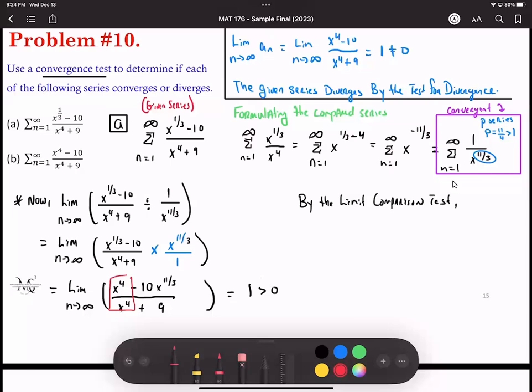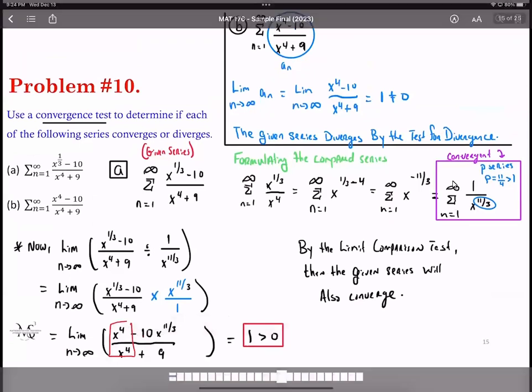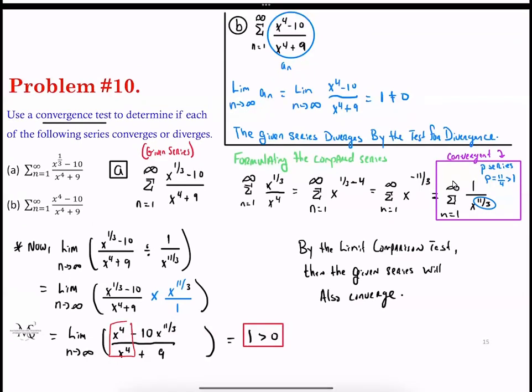And because we showed that a limit did exist, it's finite, it's bigger than 0, then the given series for this problem, part A, will also converge. And that's it to problem number 10. Okay, so use a limit comparison for part A, and for part B use a test for divergence. Those are my recommendations.